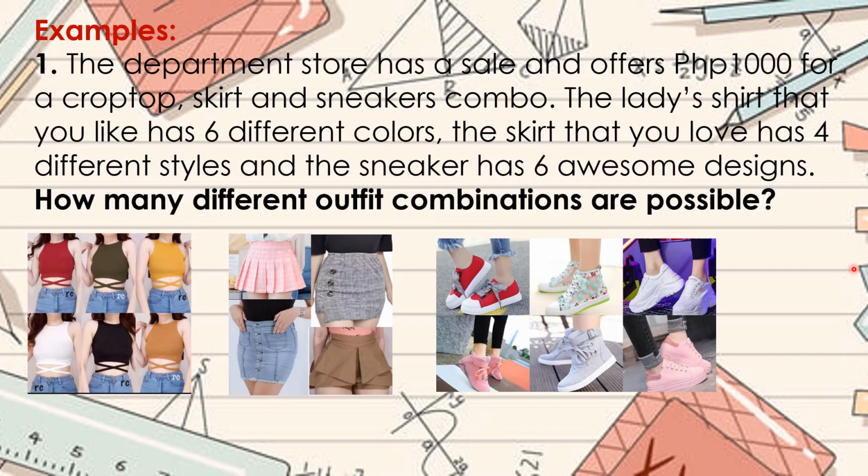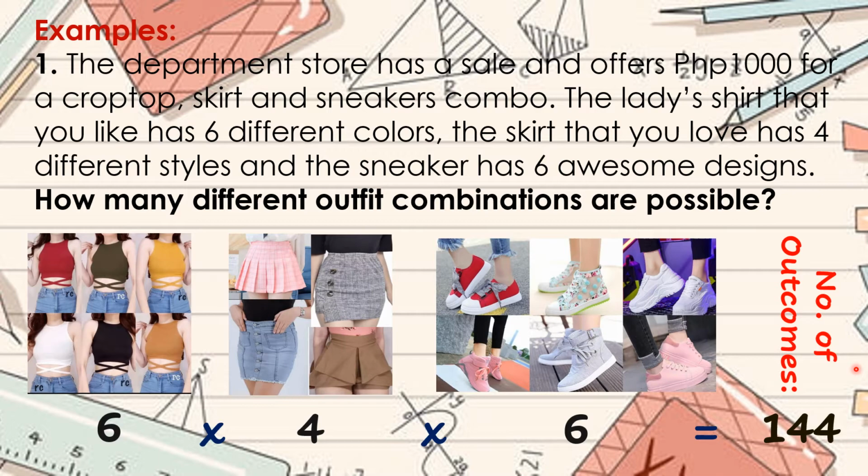By using the definition of the fundamental principle of counting, meron tayong 6 outcomes for experiment 1, 4 outcomes for experiment 2, and 6 outcomes for experiment 3. Now, multiplying this, 6 times 4 times 6, the answer is 144.